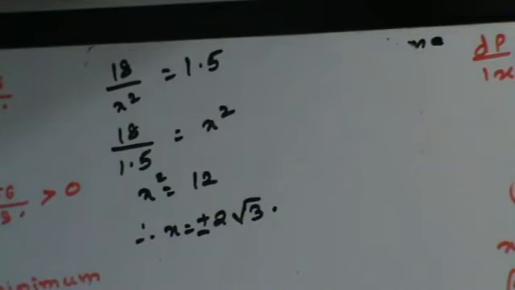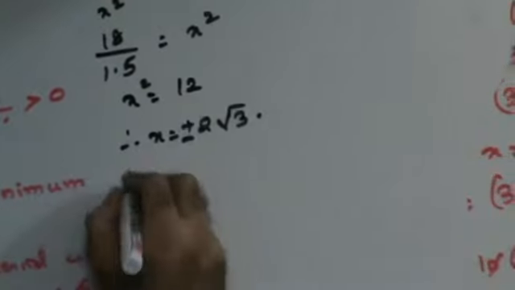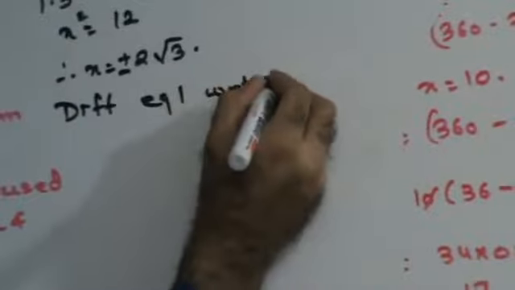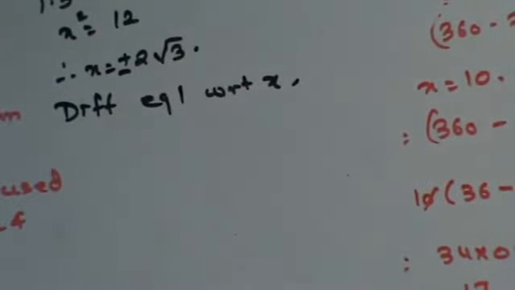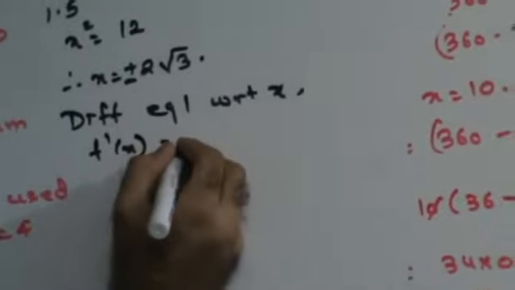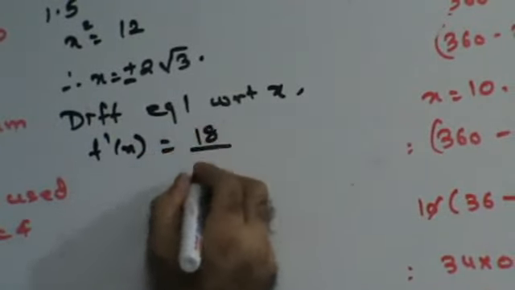Now differentiate equation 1 with respect to x. What is equation 1? The equation where you have got f bar of x. What was your f bar of x equation? It was 18 upon x square minus 1.5.